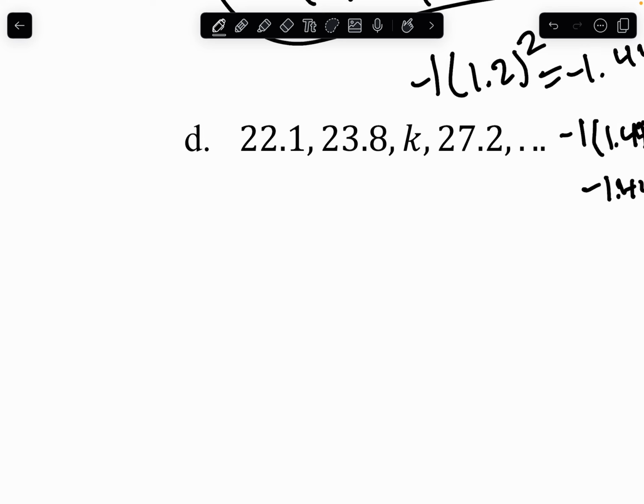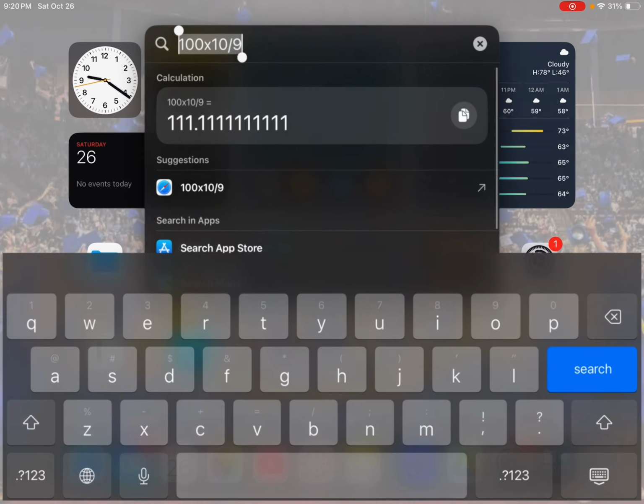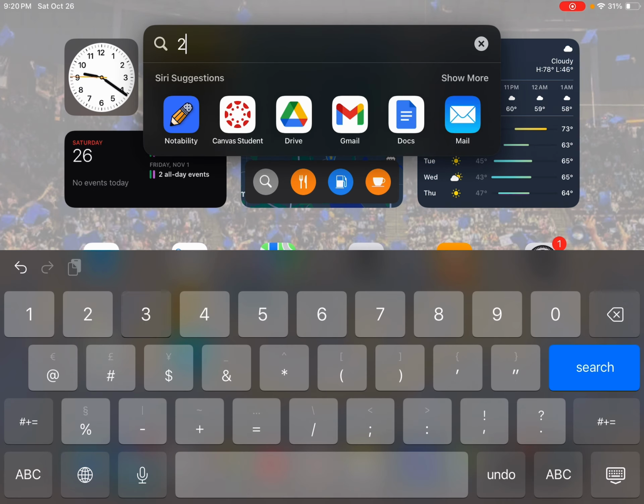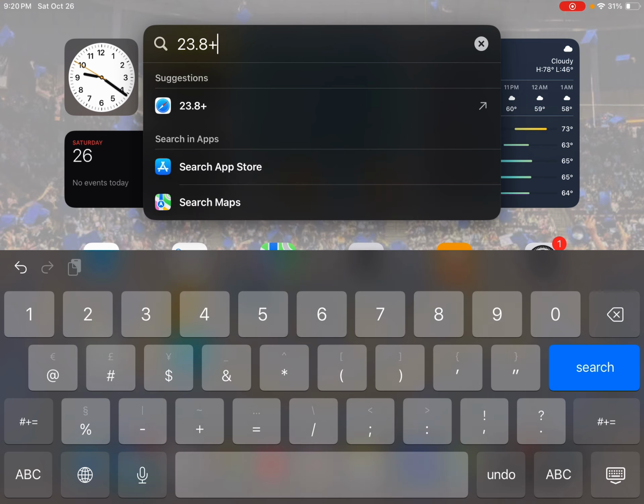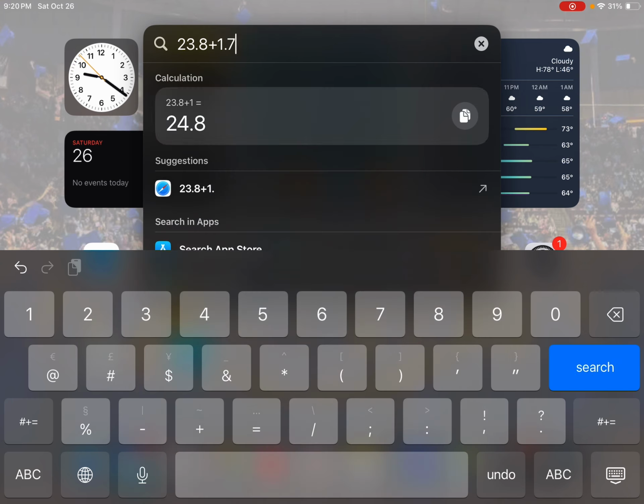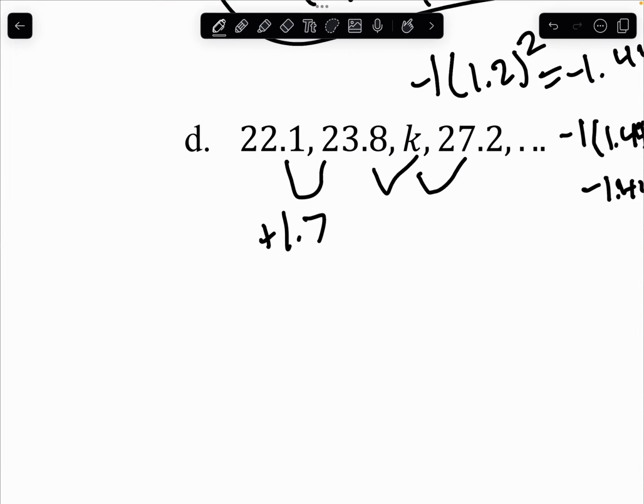Looks like it's adding 1.7 there. I don't know what it's doing there, and I don't know what it's doing there. So I'm going to do 23.8 plus 1.7, which is 25.5.